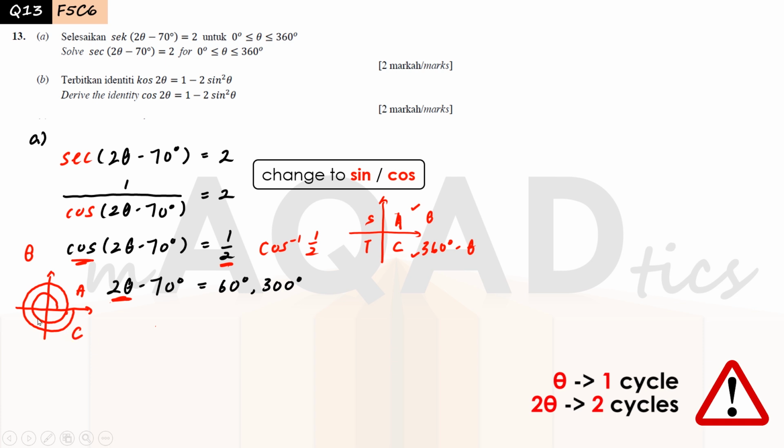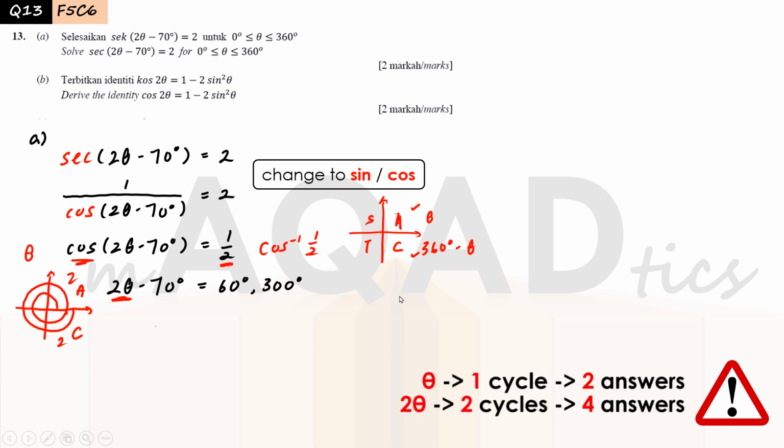Quadrant C, same thing as well. 1 time, and then 2 times. So this means if the number of times that it passes through these 2 quadrants is 4, I need to find out 4 answers. Alright, so 2 is not enough, we need 4.